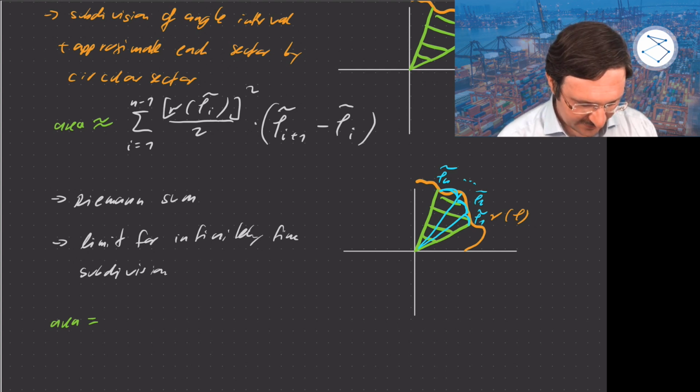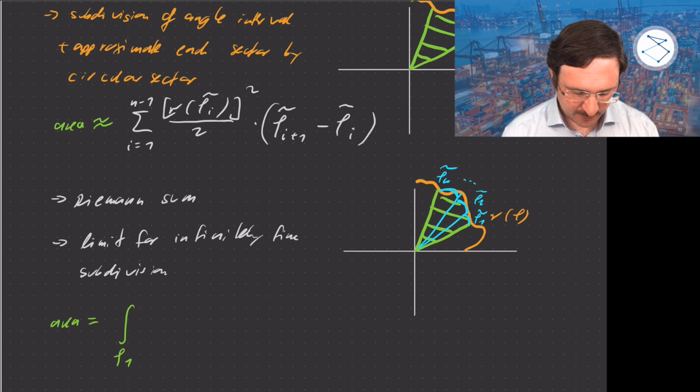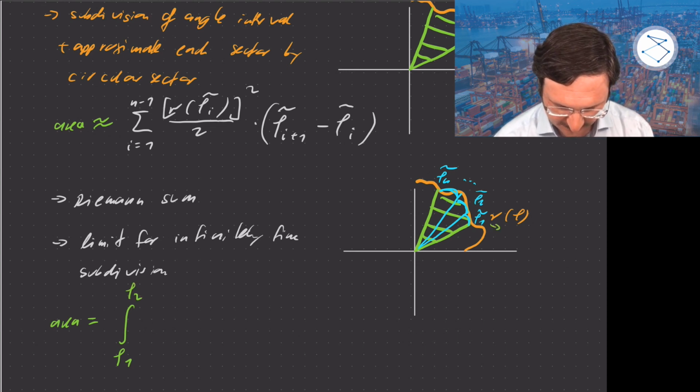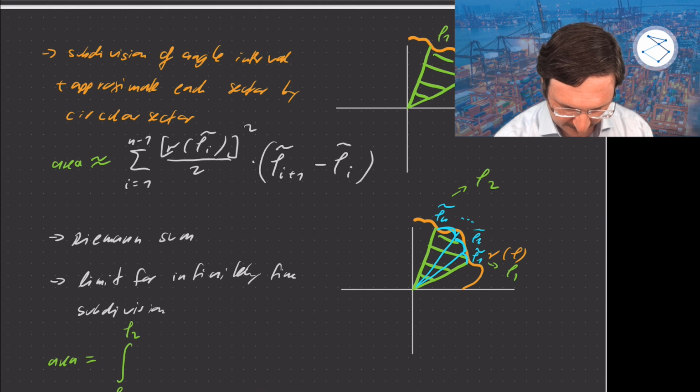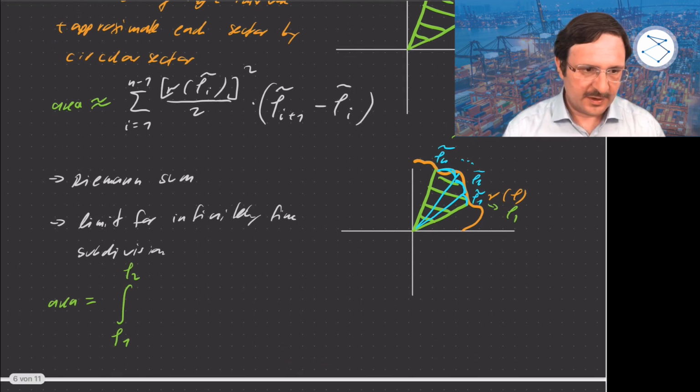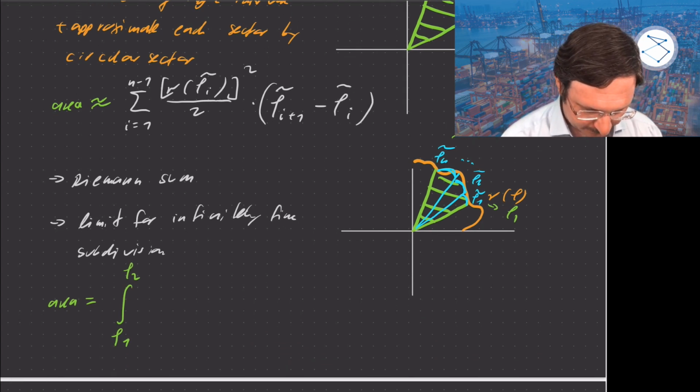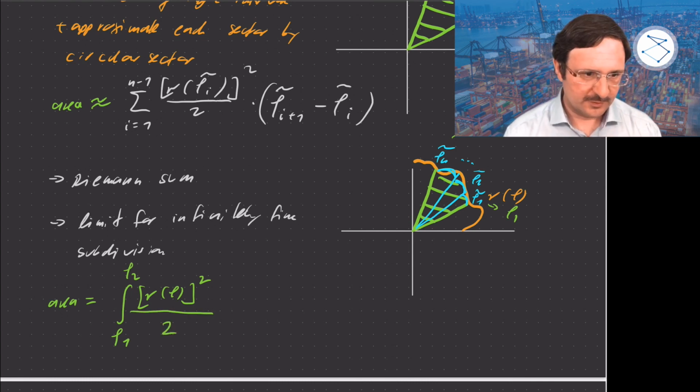And that is then the integral between our two boundary points, phi 1 and phi 2. So this here is phi 1, and this here is what we call phi 2. Same here, phi 1, phi 2. And we integrate over r of phi squared over 2 d phi.